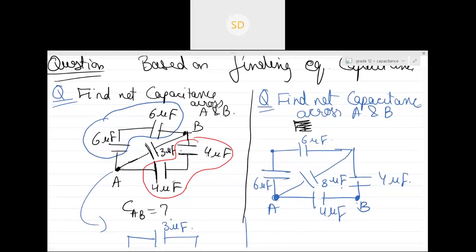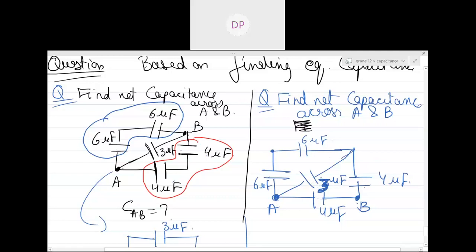How will you start solving this? 6, 6, and 4 are in series, parallel to 3. Parallel to 3 and 4.